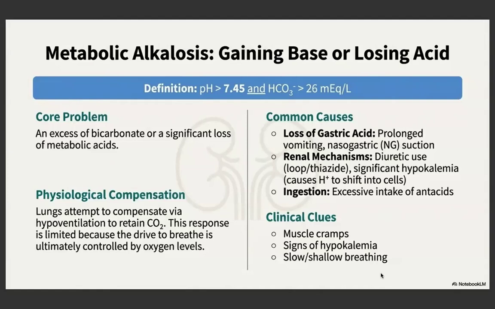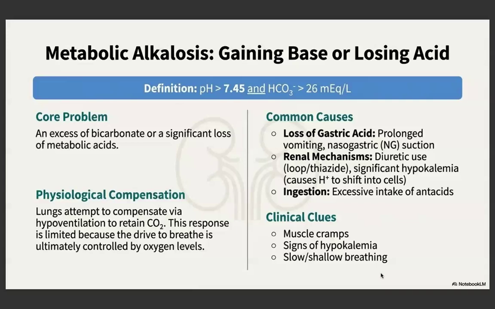Another reason that we see metabolic alkalosis is from people who have had NG tube suctioning for a really, really long time, or if they've been vomiting. Other things that we might see are from diuretics, like diuretics that waste potassium, like your loop diuretics or your thiazide diuretics. A loop diuretic is like Lasix.